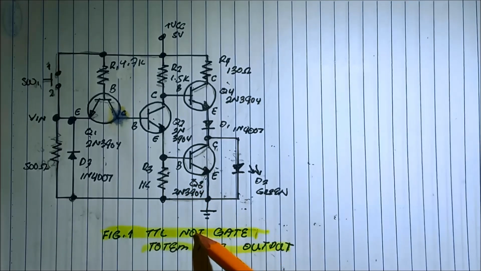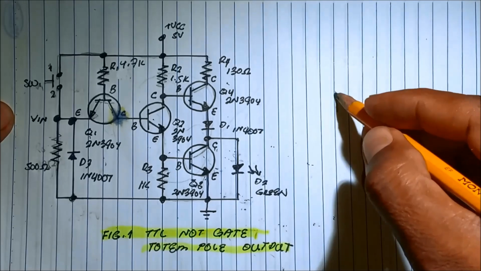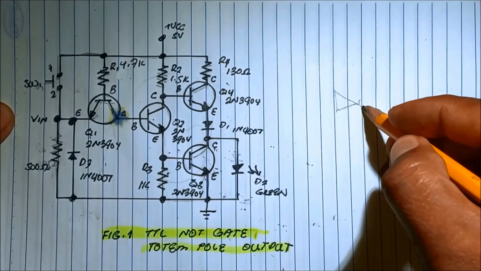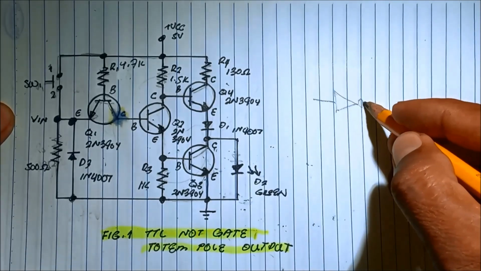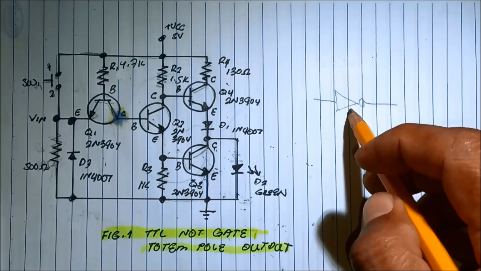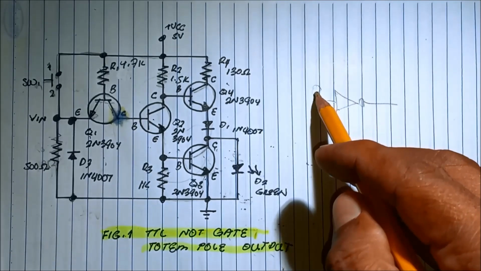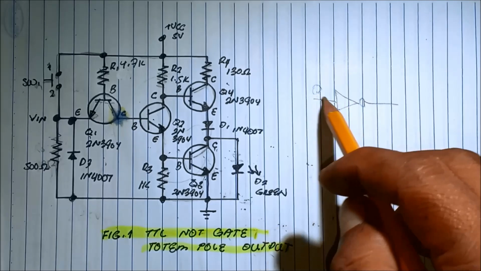NOT gate. Why is it NOT gate? This whole circuit, the equivalent of the circuit is, that is the logic symbol. It is a NOT gate. When there's no input, it inverts the input.